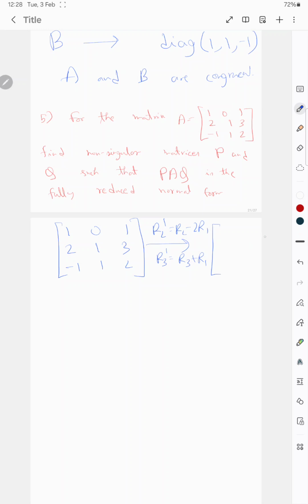Okay, so using that you will get this type of matrix 1 0 0 0 1 1 1 1 3. Okay, now after that step you apply this element 0, so R3 dash will be R3 minus R2, now after that step you just make this 1.